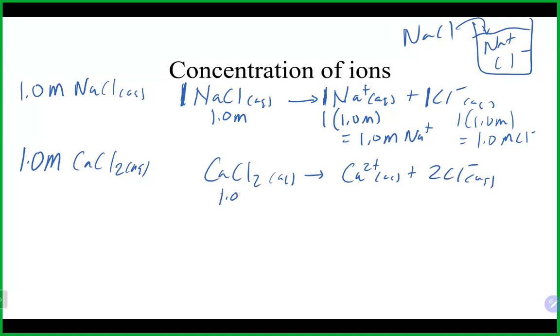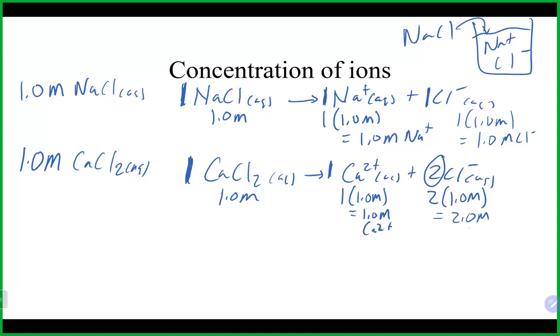So if this is 1 molar, for calcium it is still a 1-to-1 relationship, and the calcium ion would be 1 times 1, which is 1 molar calcium ions. But for the chloride, it is a 1-to-2 relationship, which means the concentration of the chloride ions would be 2 times 1 molar, so it is actually 2 molar chloride ions floating around in that solution.